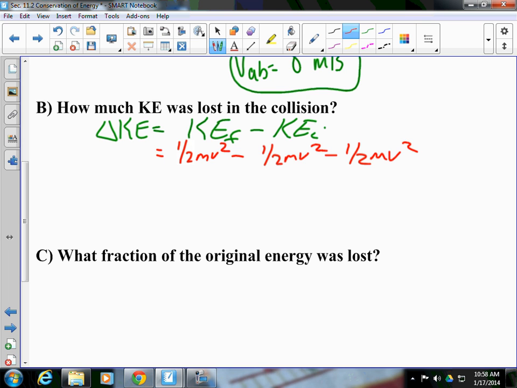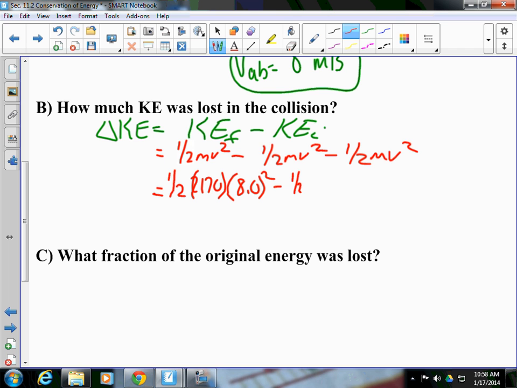I go ahead and I'm going to plug everything in. My KE final would be my final wrecked car. So 1 half times the mass of both cars lumped together, which remember is 2170, times v squared, which we just solved for, minus the initial kinetic energy of the Corolla.